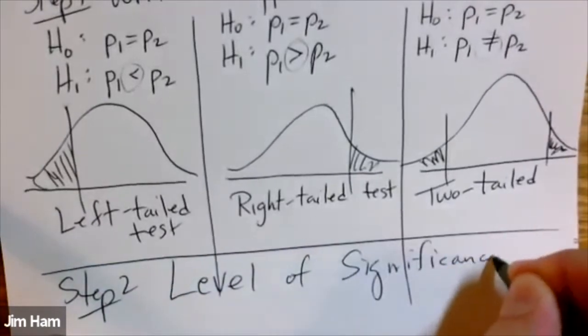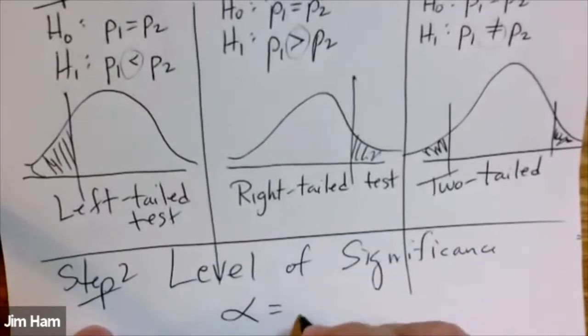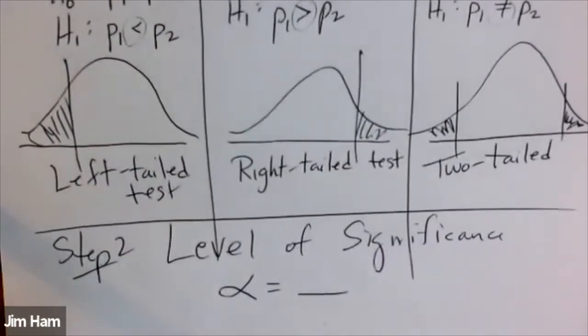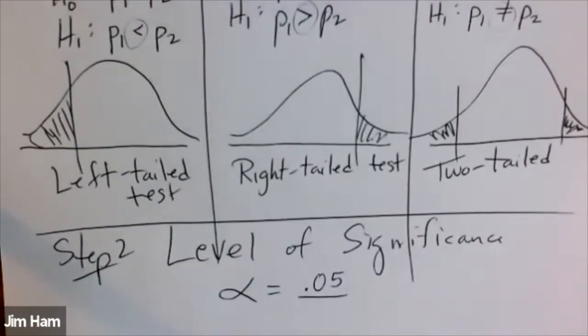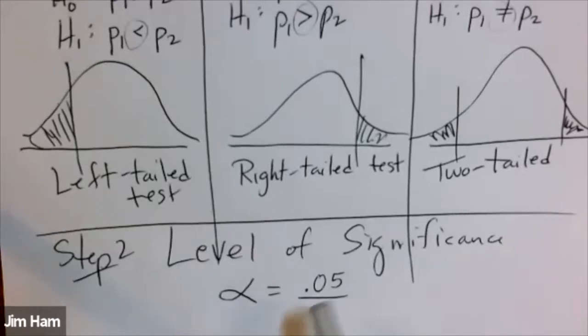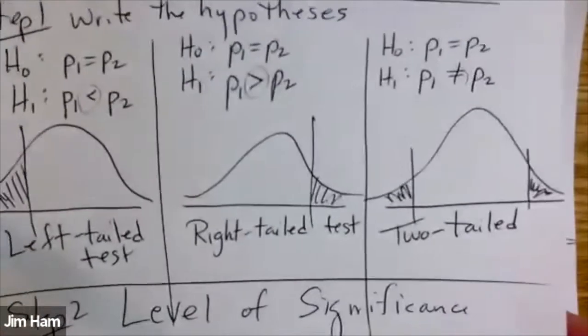It turns out that this is no different than what we've done in the past. They'll either give you the level of significance in the problem, or if they don't, then we'll just assume that it's 0.05. The probability of making a type 1 error is 1 in 20. We want the probability of making an error to be a very small number. So that's step 1 and step 2. You can see the similarities there with what we've done in the past.